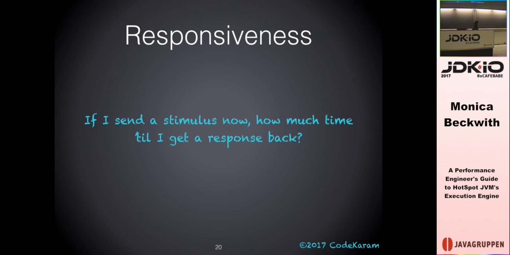So if I had to define responsiveness, I'll say the time until I get a response back. Simple as that. My stimulus could be something like transactions, or the start of a transaction, or read requests, or database access. So these are my stimuli, and how soon do I get the response back?